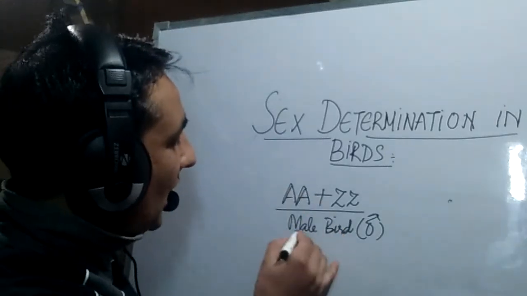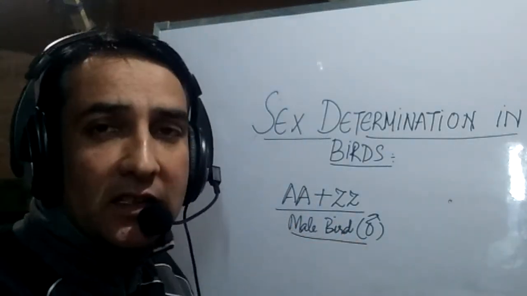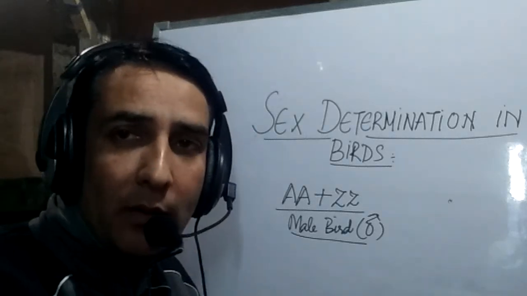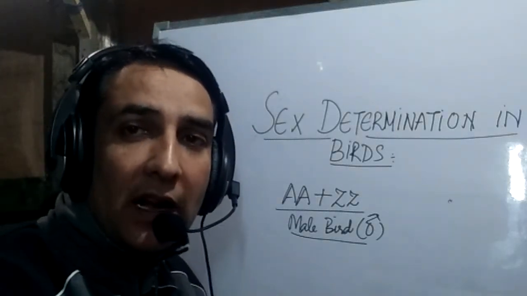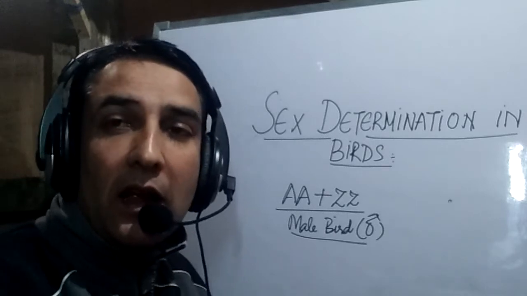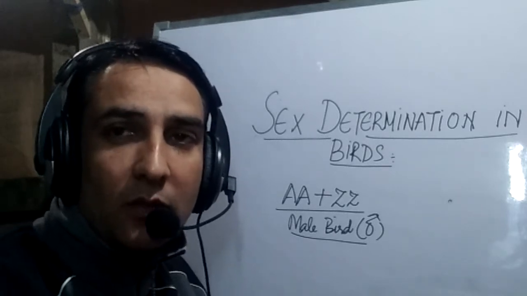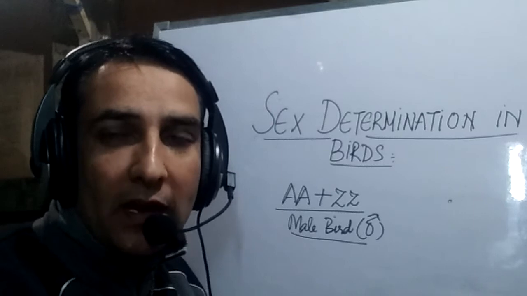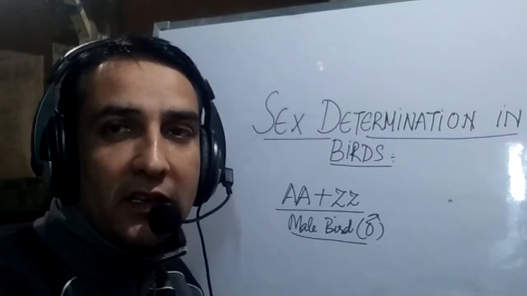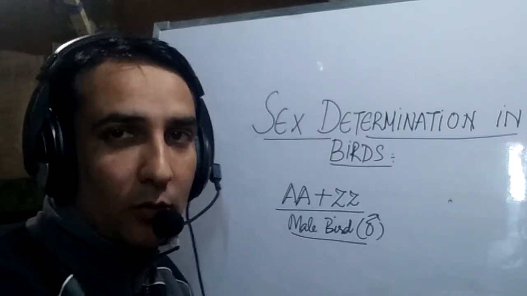So the male bird has a ZZ pair of sex chromosomes, which is a homomorphic pair, and it is opposite to that of the males in mammals, where there is an XY pair, a heteromorphic pair of sex chromosomes.